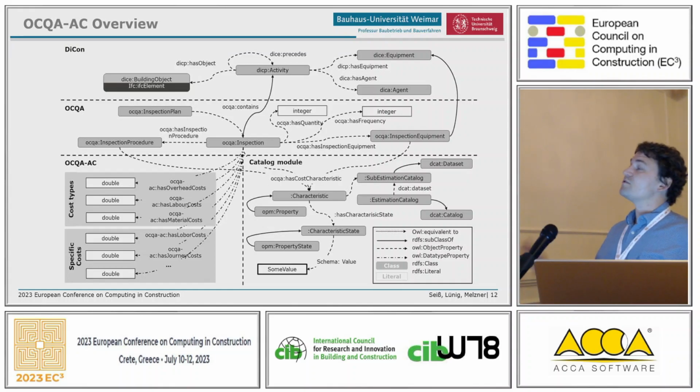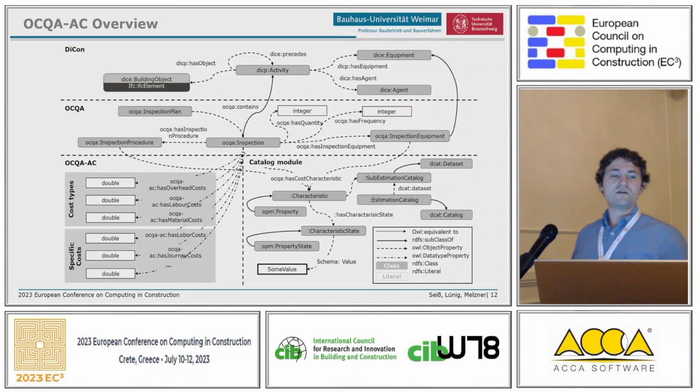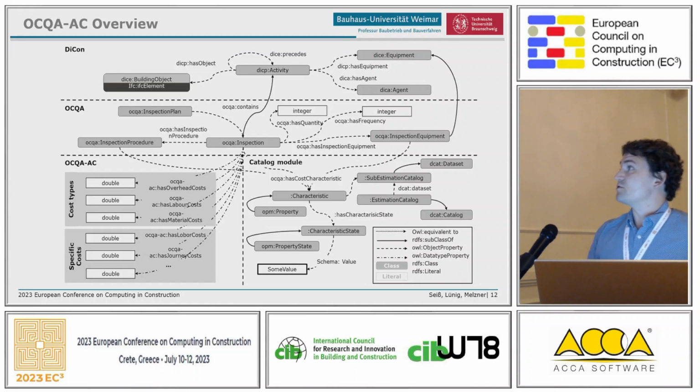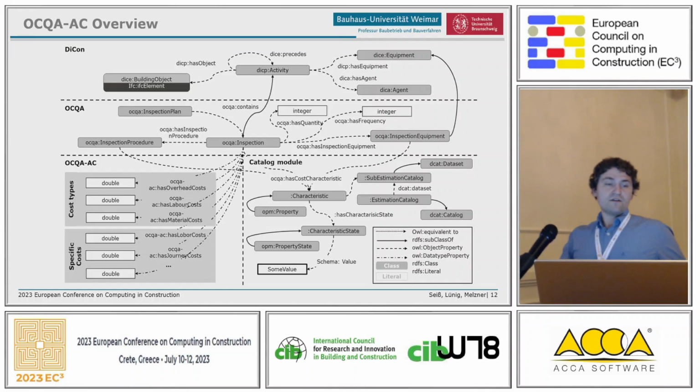And also we added some other stuff which is so far not considered by the Dicon ontology, like for example the inspection procedure by itself. So there are no procedures defined, and we have different procedures which can be done to handle inspections. And the OCQAC is then defined on the left side. There you see we have specific costs and cost types.